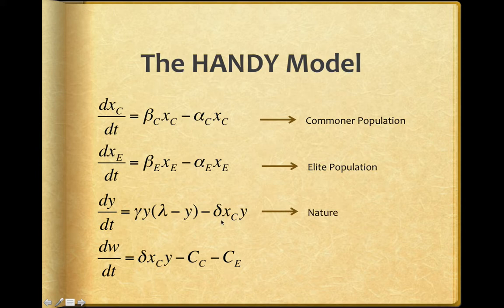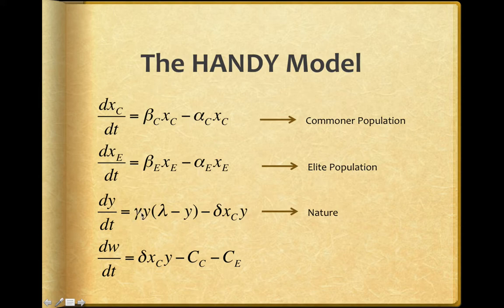Nature also has positive and negative sides to it. The positive side of nature is what we call the ability of nature to regenerate, and is driven by something very similar to a logistic equation.